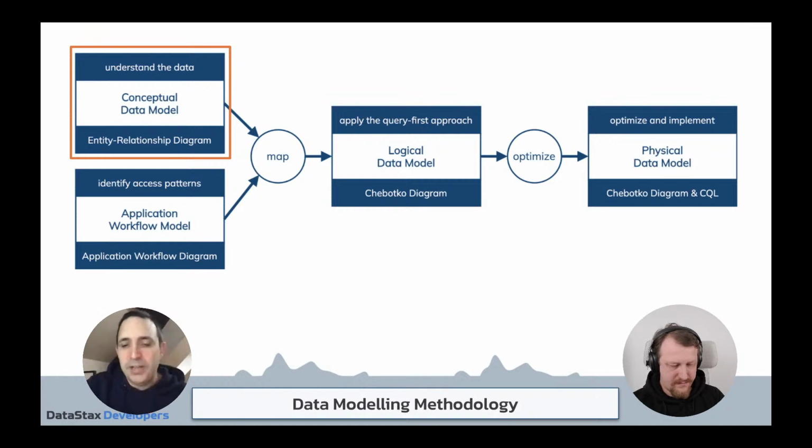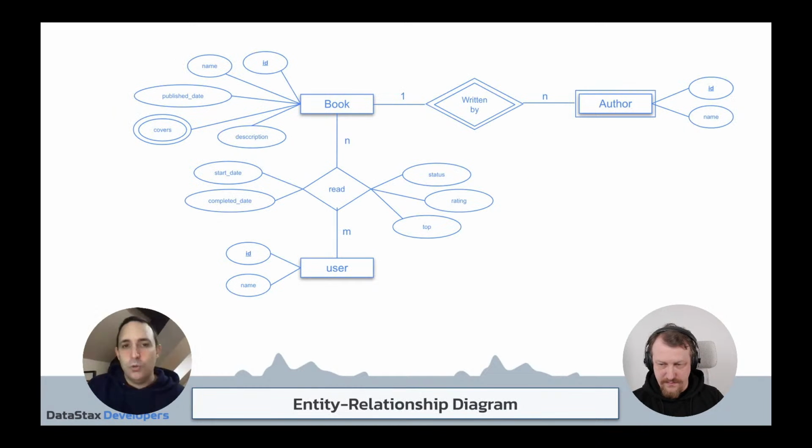Okay, conceptual data model. I can go pretty quickly on this one. You immediately know we will work with books. Books will have an ID, a name, a published date, eventually multiple covers if a book has multiple editions, and a description. A book is written by one to many authors. Each author will have an ID and a name. And also you as a user, you authenticate.